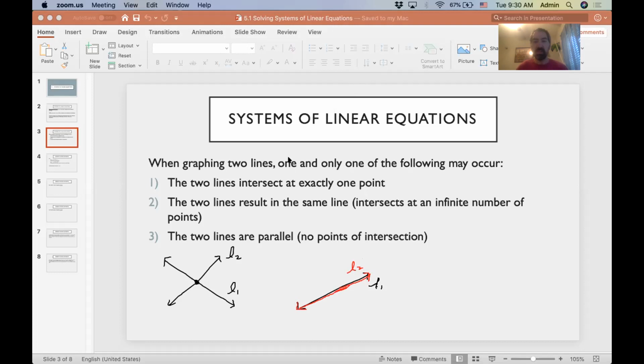And then the third case is that the two lines are parallel and they do not intersect. Okay, so that first case, we say that there is a unique solution. There's exactly one solution. In the second case, we had an infinite number of solutions.